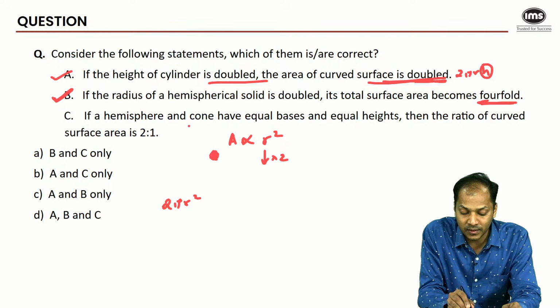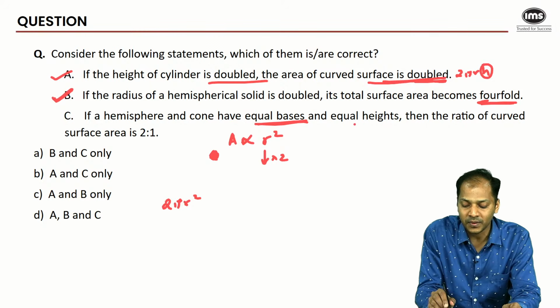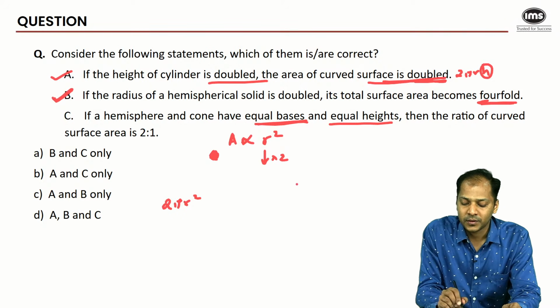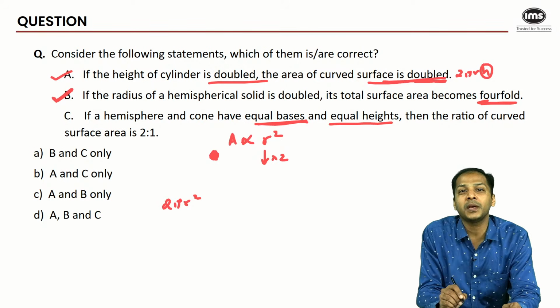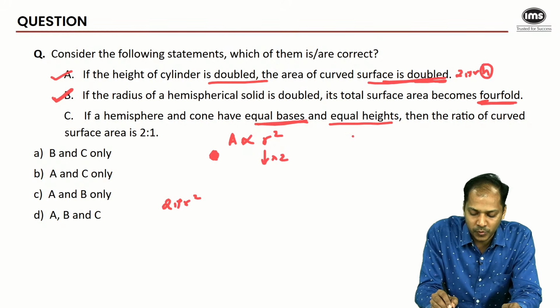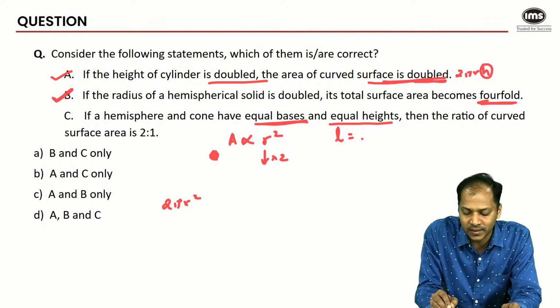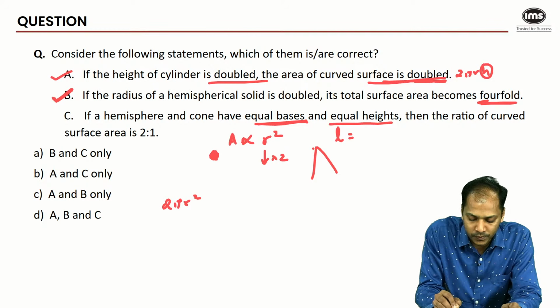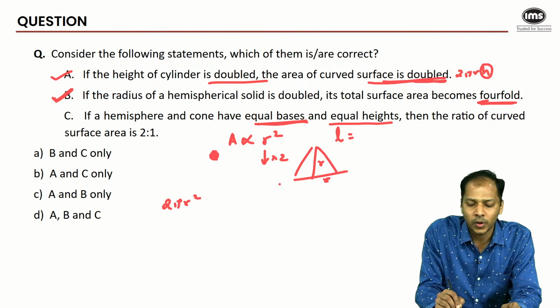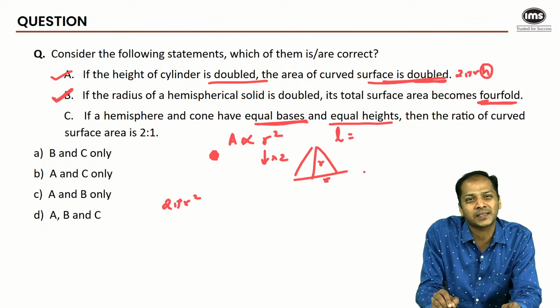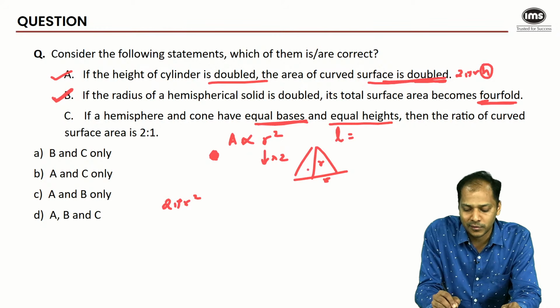The cone also has the same radius, the base is the same, and the height is the same, which means the height is also equal to the radius, so its slant height would be √2r. So basically from here you need to understand that for the cone, the height is also r, the base radius would also be equal to r, because it has the same height as the hemisphere.